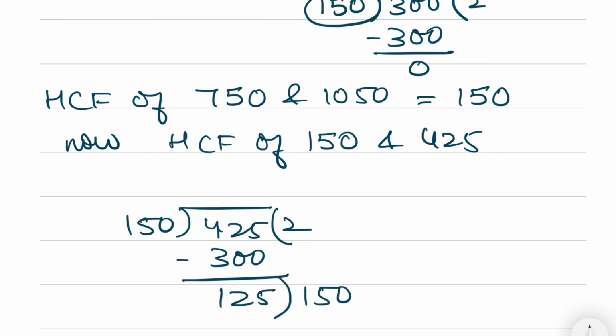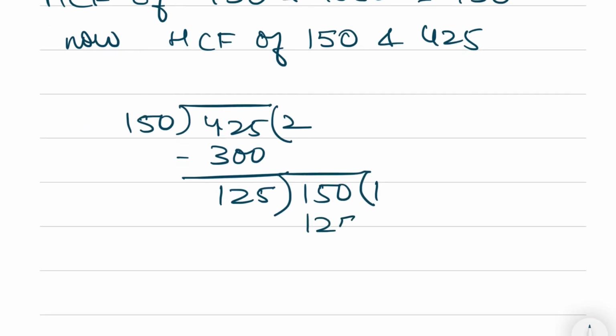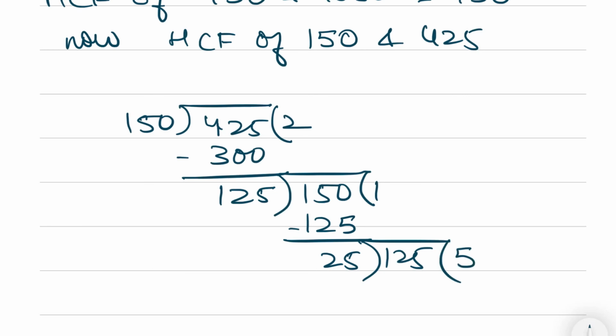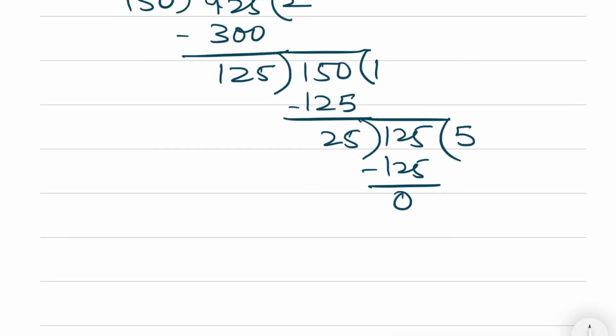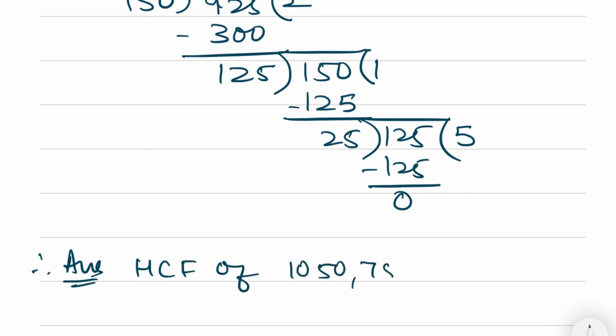And 150, the previous divisor, becomes the dividend, and this is 1 time 125, subtracting we get 25. And 125 divided by 25 goes 5 times, so 125, subtracting we get 0. So therefore I can say the answer: the HCF of 1050, 750 and 425 is 25.